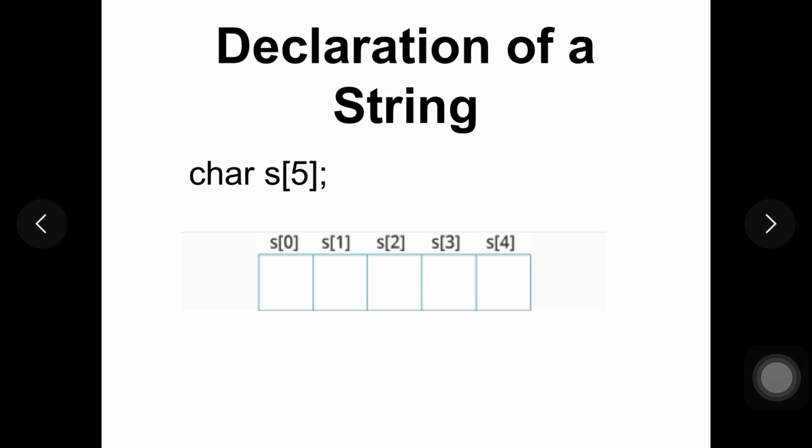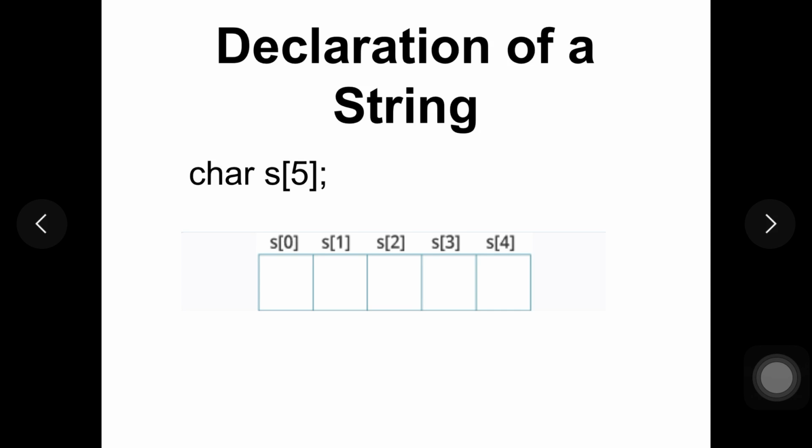Okay, so you can just see how the memory is allocated. Here you are having 5 positions allocated, and you all know that char is of 1 byte of size. So each memory cell here is of 1 byte of size. So total how much memory space is allocated here? Total 5 bytes of memory is allocated here.